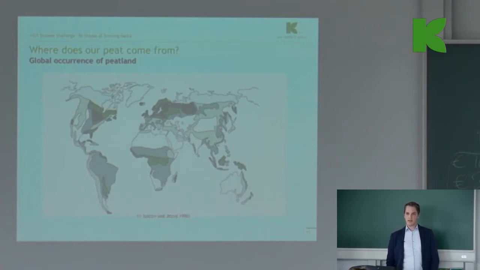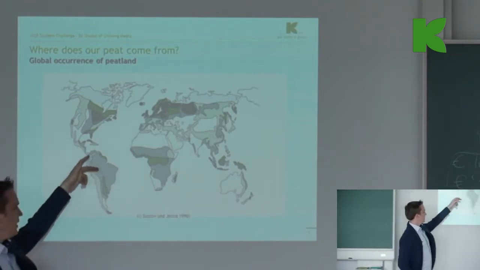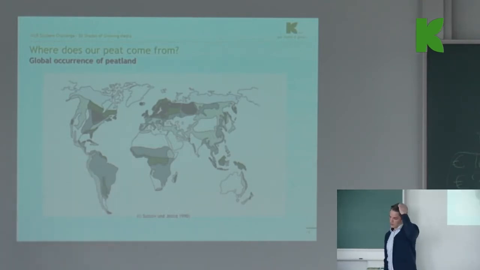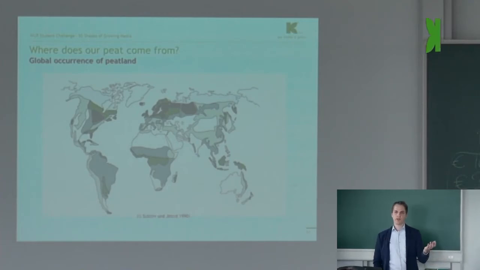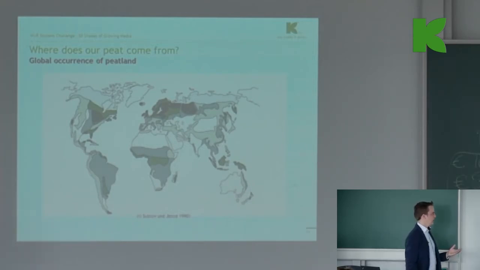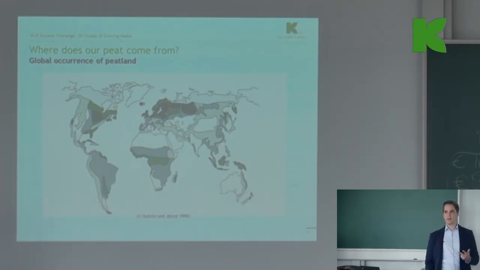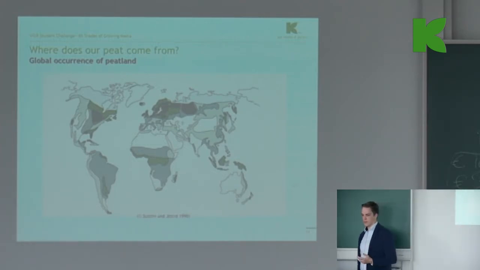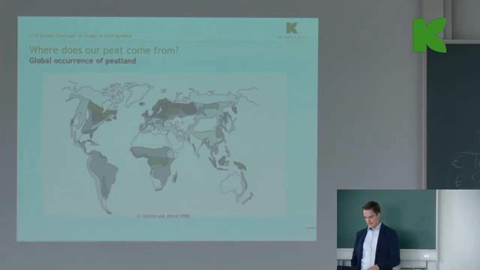North America, Canada has huge peatland areas, and we also have peat in the tropical regions. But this kind of peat we cannot use as a growing media. It's fed by groundwater, and that means it has a very high salt content. It's not suitable as a growing media. So Klasmann-Deilmann is excavating peat, especially in Germany, in Ireland, and in the Baltic states. So this is where our raw material comes from today.